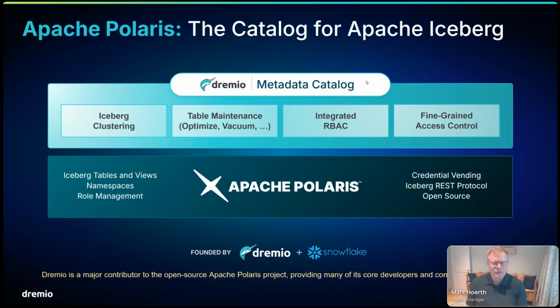Dremio, being one of the vendors who support Iceberg and Apache Polaris, have packaged the Apache Polaris catalog into an offering that we call the Enterprise Catalog. And we've added some value-added features that make it enterprise ready that we'll talk about briefly in this presentation.